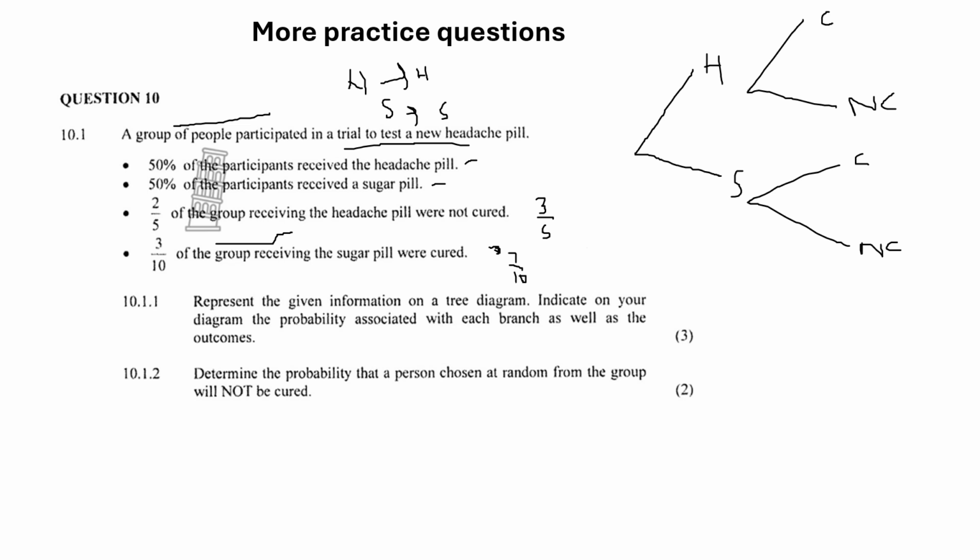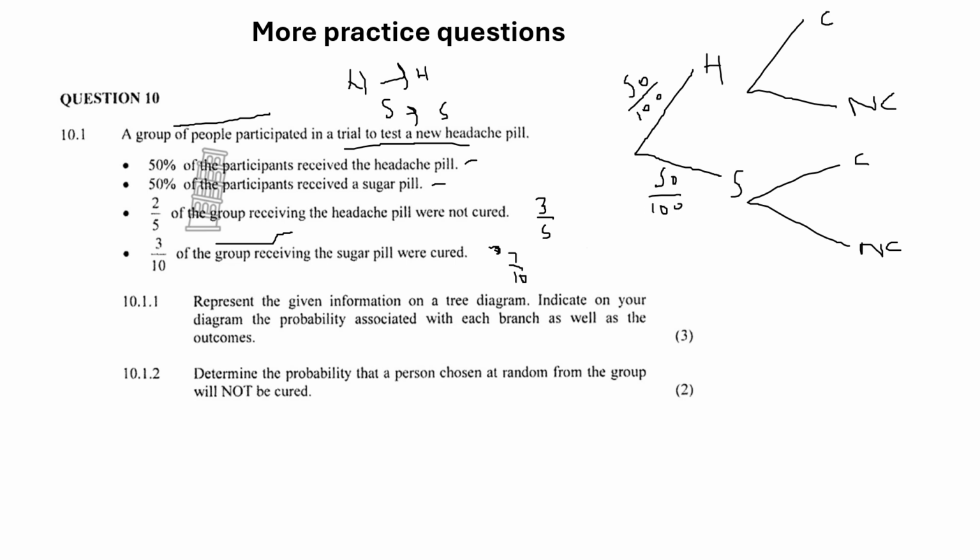Now let's put the values. We're told that 50% of them received a headache pill, so it's going to be 50 over 100. Same thing here, it's also 50 over 100 based on what's given to us.